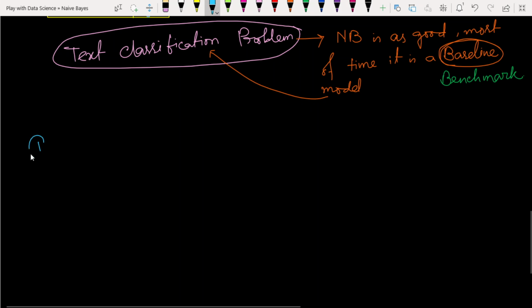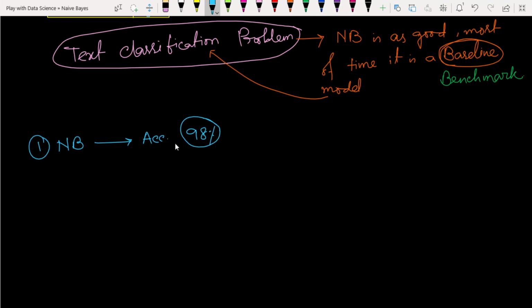First we apply naive Bayes, and after applying this model we find its accuracy is 98%. Suppose we apply logistic regression, and its accuracy is 92%.